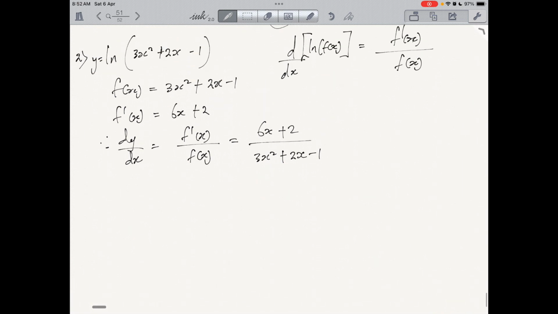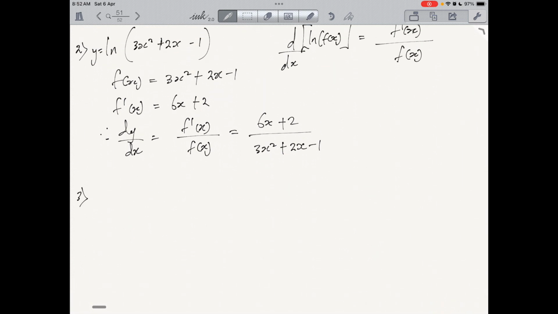Let's take another example. Let's say y is equals to the natural logarithm of sine 3x. Definitely in this case, we know that f(x) is equals to sine 3x, and differentiating sine 3x will give us 3 cos 3x.